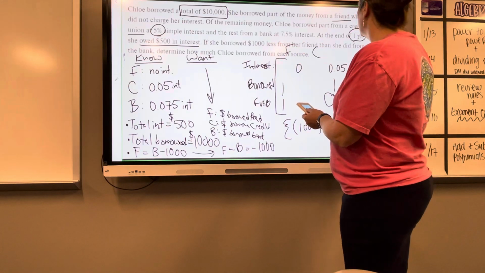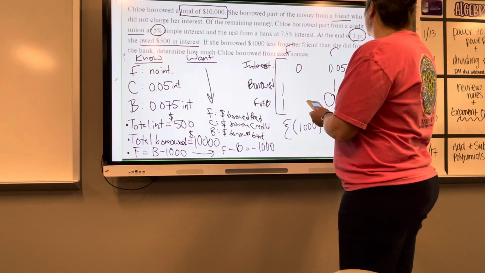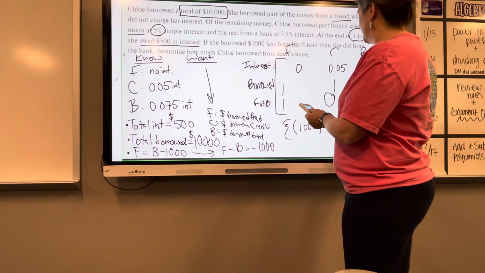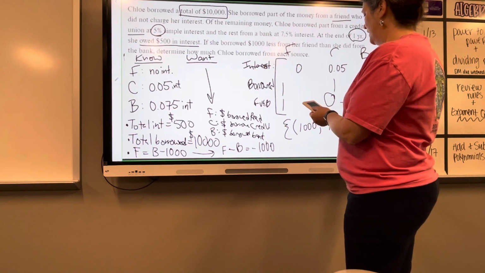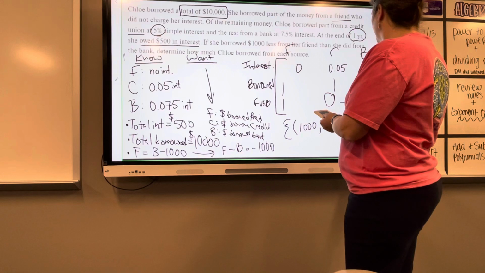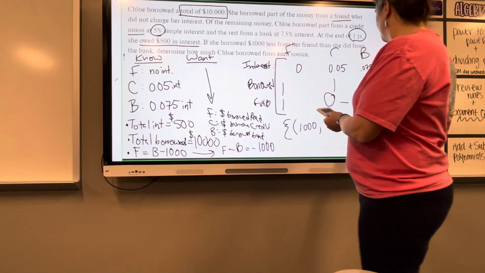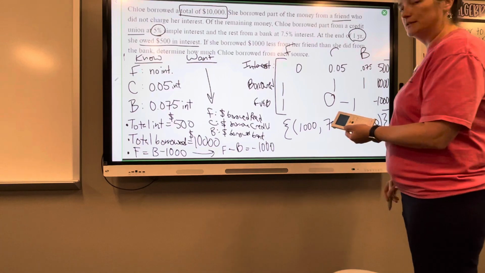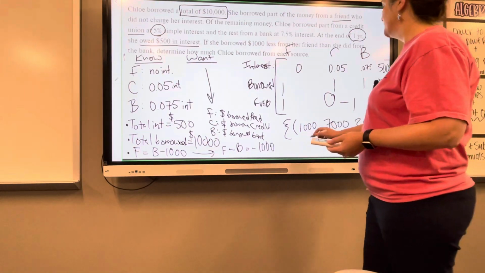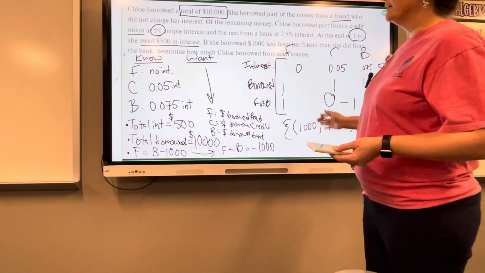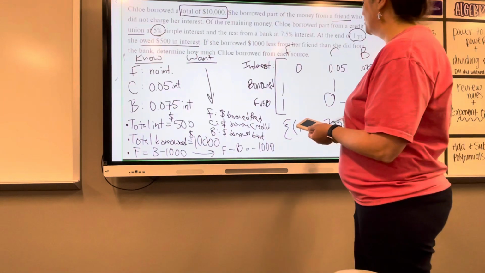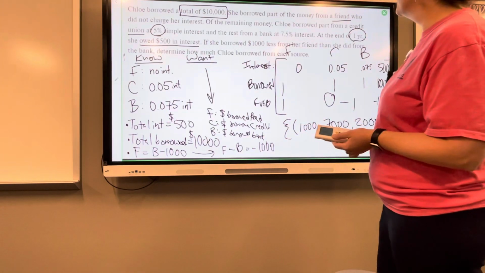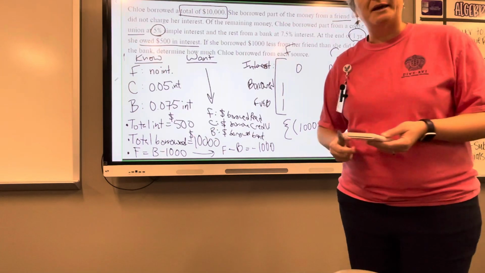F, C, B. My C was 7,000, and 2,000 for the B. That accounts for all 10,000. So a quick check says this is a reasonable solution. And I would probably need a complete sentence: I borrowed $1,000 from my friend, $7,000 from the credit union, and $2,000 from the bank.